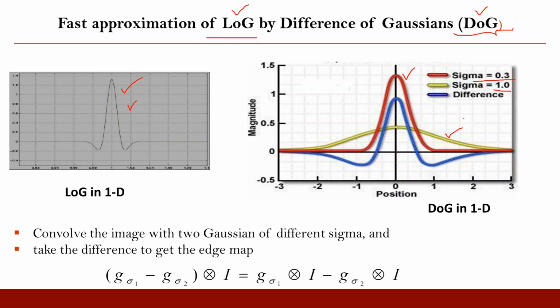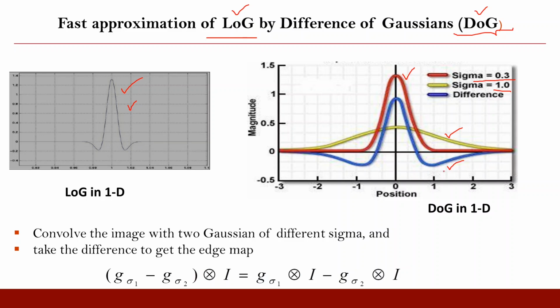Sigma high means a wide and shallow peak. So corresponding to those two sigma values, we have red and yellow. Now if you take the difference of these two Gaussians, we get this blue curve. We are just subtracting the corresponding values of the red and yellow Gaussians, and so we get this blue curve.